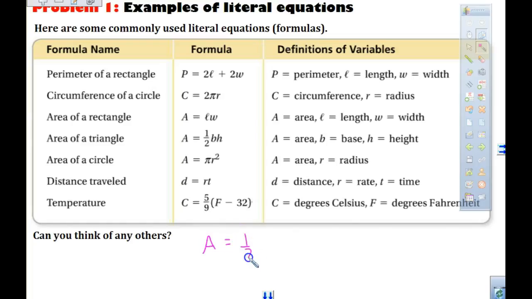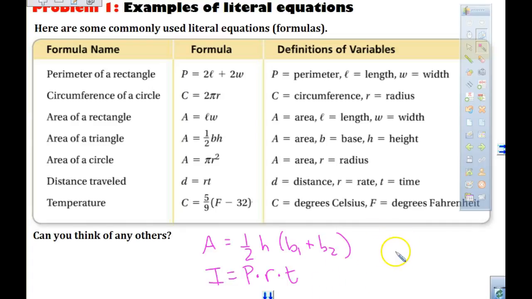That formula was area equals 1/2 height, and then you did base 1 plus base 2. There might be other formulas that you might be thinking of. One we're going to use this year is when you calculate your interest. You do that by taking the principal times the rate times the time. We're going to use that formula. So those, and there are other ones.